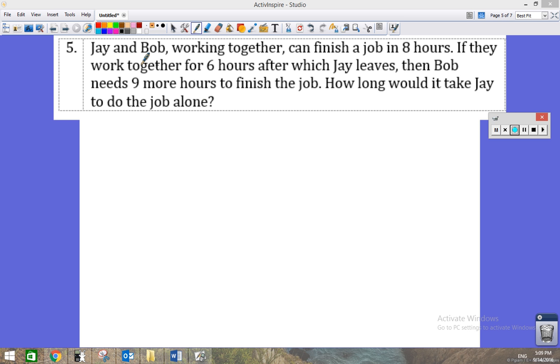So let's see, if they're working together and it takes them 8 hours to complete the job, on a per hour basis, they're getting 1/8 of the job done. So each hour they get 1/8 of the job.